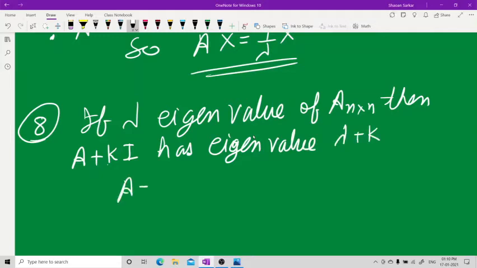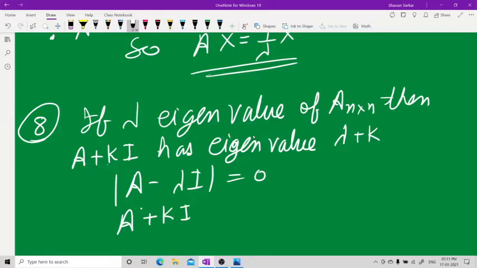Let me prove. Let me start this way. A minus lambda I is equal to 0. This will give me the eigenvalues of A. What I do here is that I add Ki and subtract Ki.